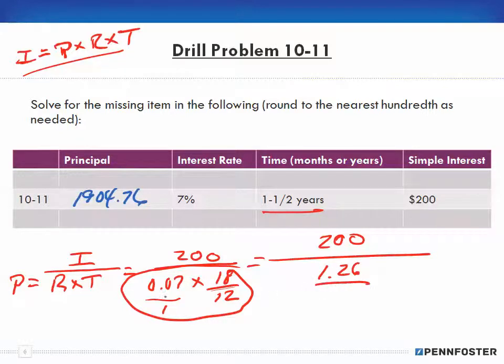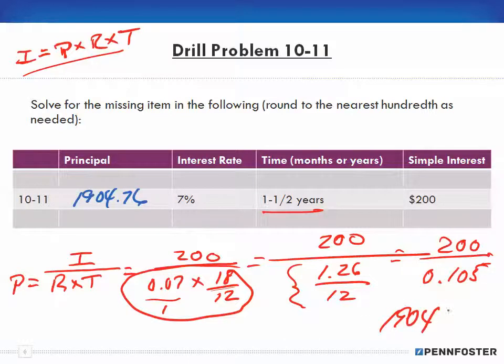And that is over 1 times 12, or 12. So this is still in the denominator, and I still have to take care of this math. So I have to take 1.26 and divide that by 12, which would then give me the $200 over 0.105, which is what we had from before, okay? And when you divide that, you still end up with $1,904.76, okay?